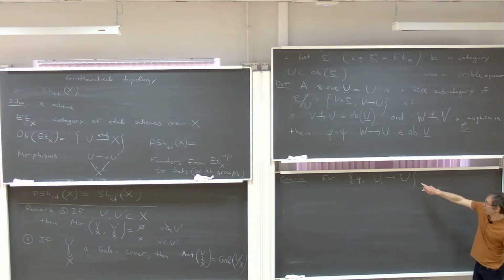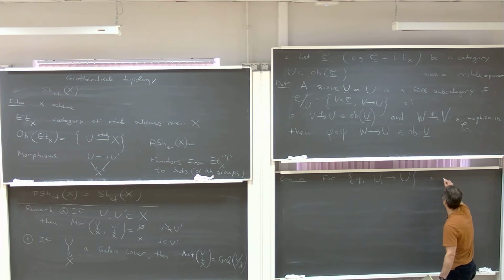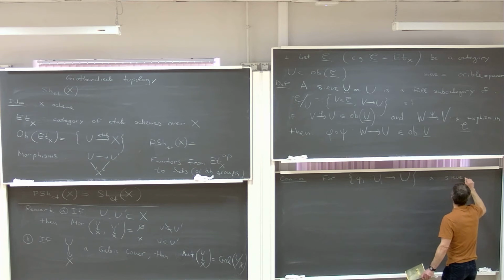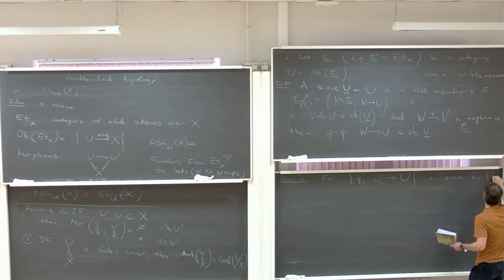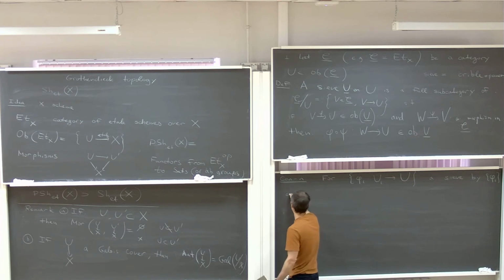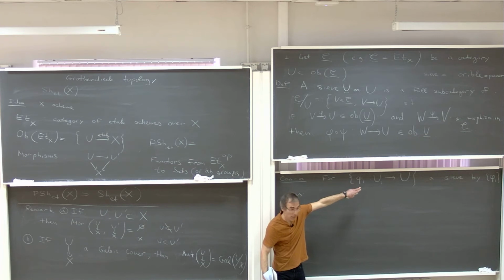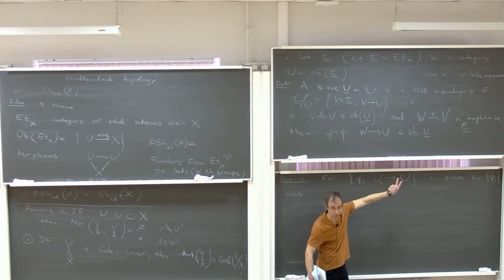So I can define a sieve generated by this family. It consists of, well, I want to consider the smallest sieve such that these objects are in my sieve, right?